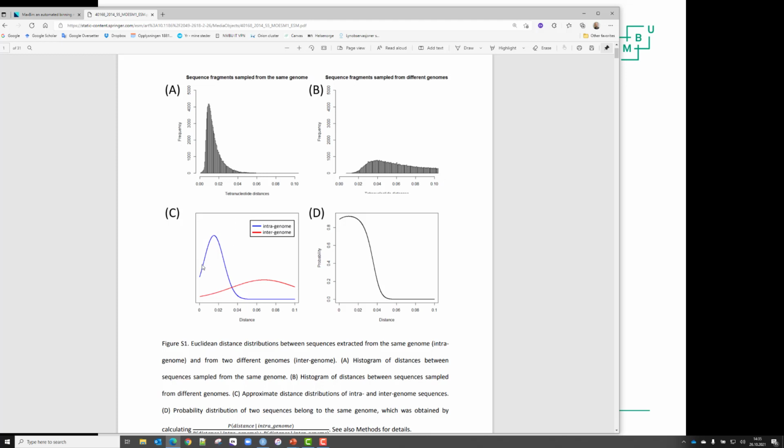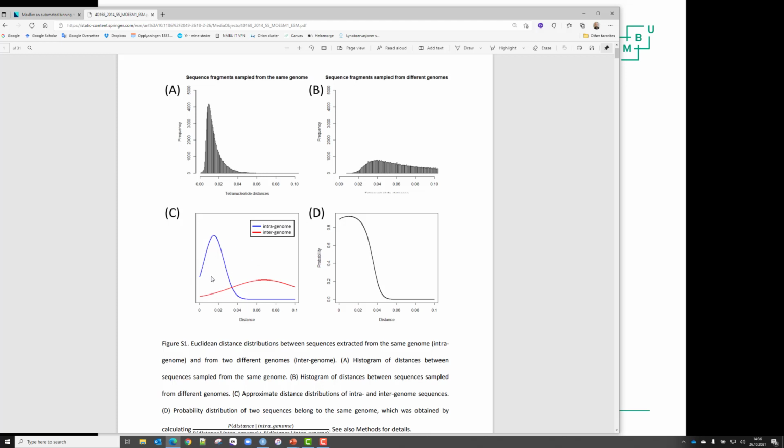So here we have actually the density curves for these two histograms that we have in A and B, where blue is the one for this one and red is the one for this one. Actually, it's not really the densities for the data. These are normal distributions, I think.